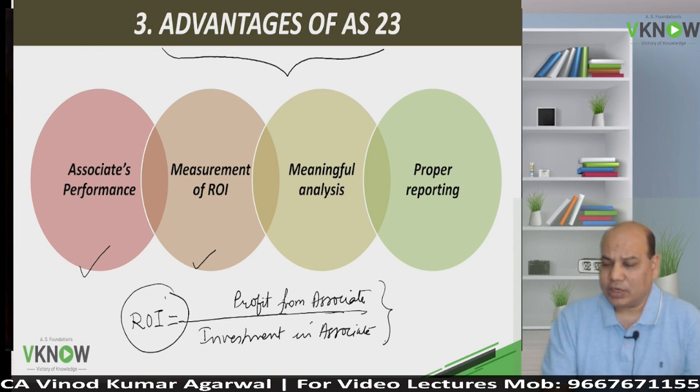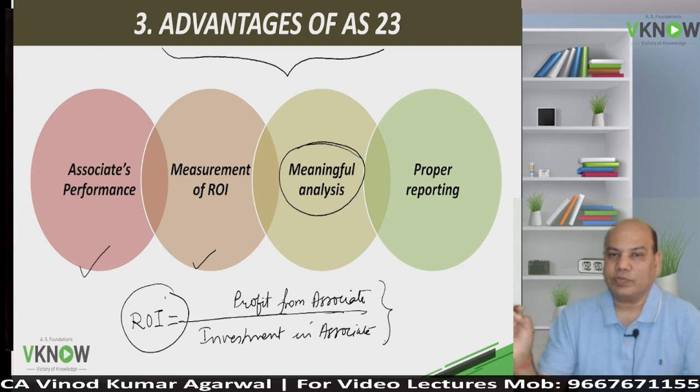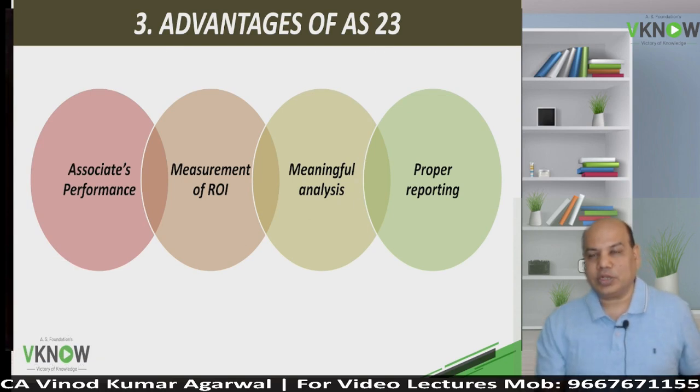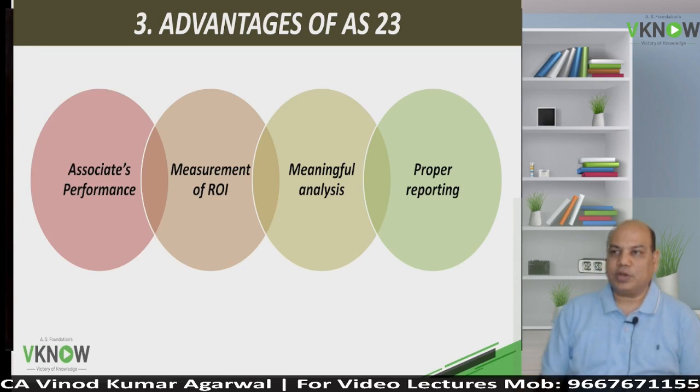Third advantage of following AS23, it helps us to have a meaningful analysis of the performance of the associate. In the absence of AS23, we would not have understood the genuine performance of the associate. We would have only got one line item in the separate financial statement, and that is investment in associate at cost, and one line item in the P&L account, dividend received from associate.